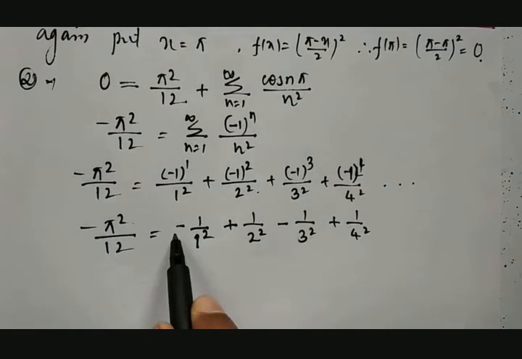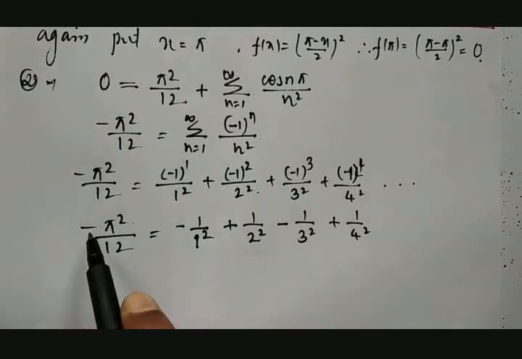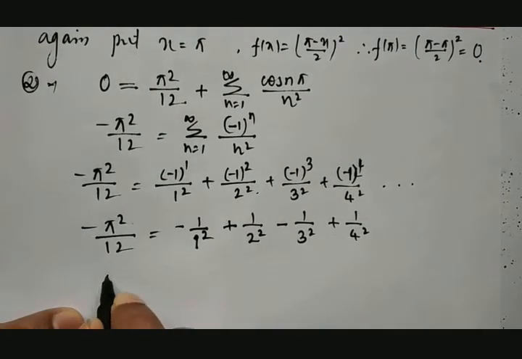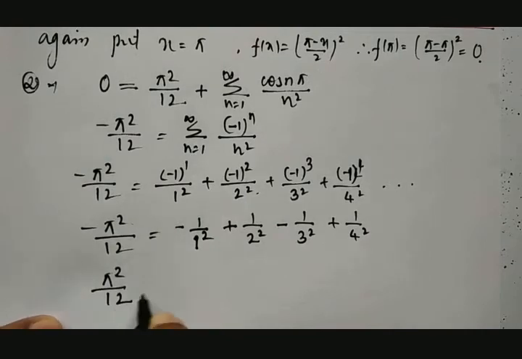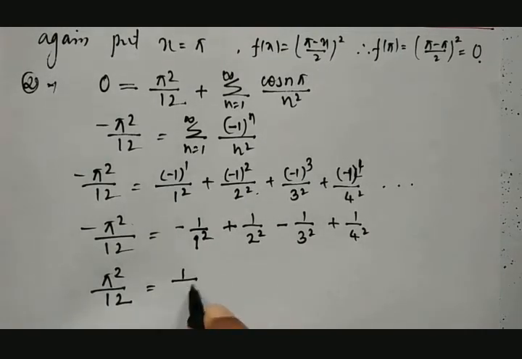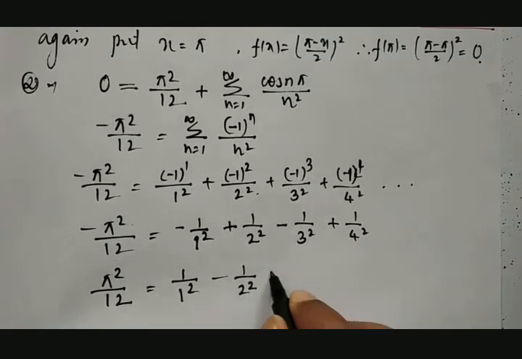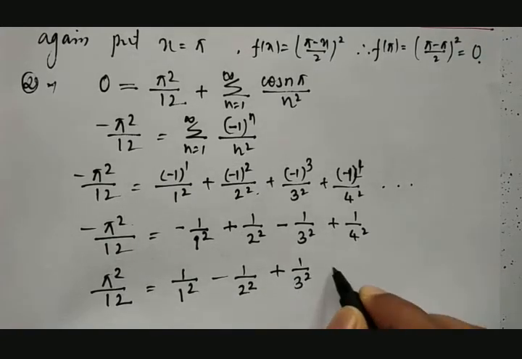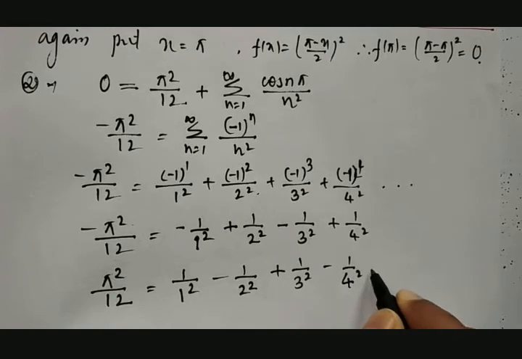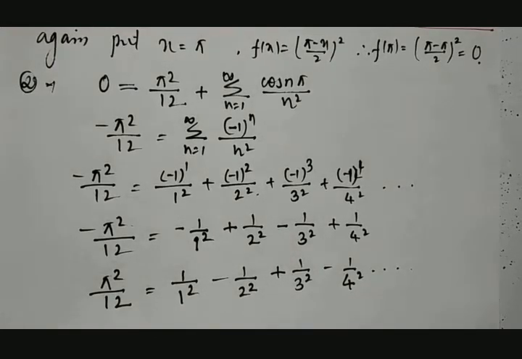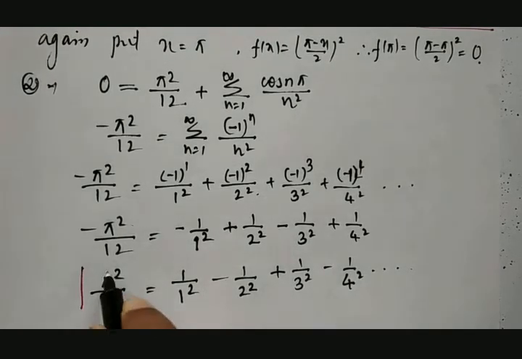If you take minus common and it gets balanced with the other side minus, then it becomes pi square by 12 is equal to 1 divided by 1 square minus 1 divided by 2 square plus 1 divided by 3 square minus 1 divided by 4 square and so on. This is another series.